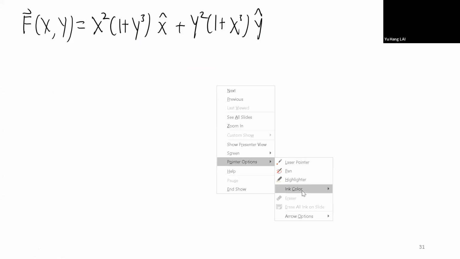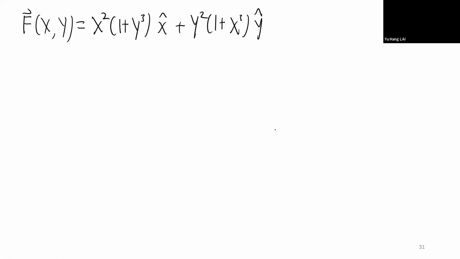If I want to test whether this is conservative, what do we need to do? Last time we introduced this test using derivatives. Let me call the x component M, and the y component N. What we need to test is whether partial M, partial y equals partial N, partial x.